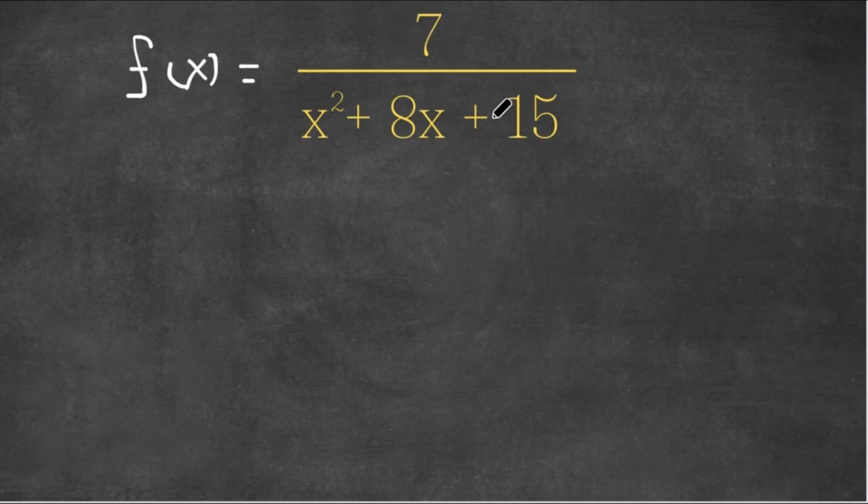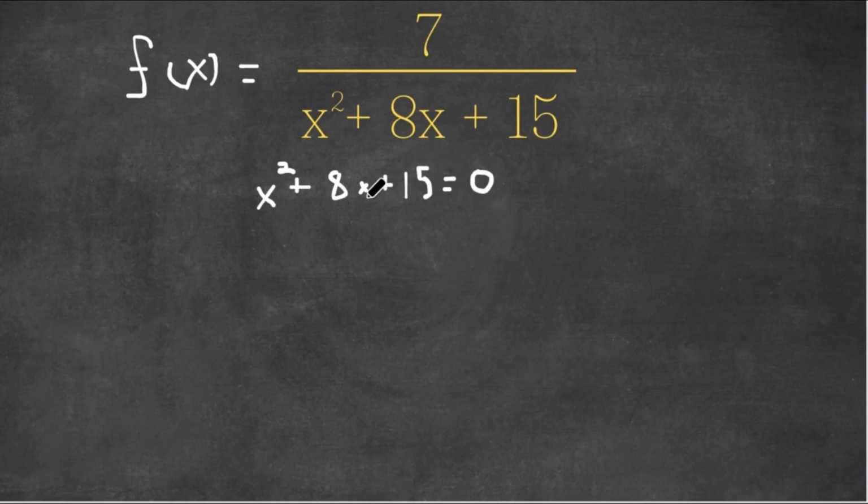You can't divide 7 by 0. So that means that we would have to set our denominator equal to 0 to find the domain of this function. So x squared plus 8x plus 15 equals 0. Now, if you notice, we have a quadratic equation.